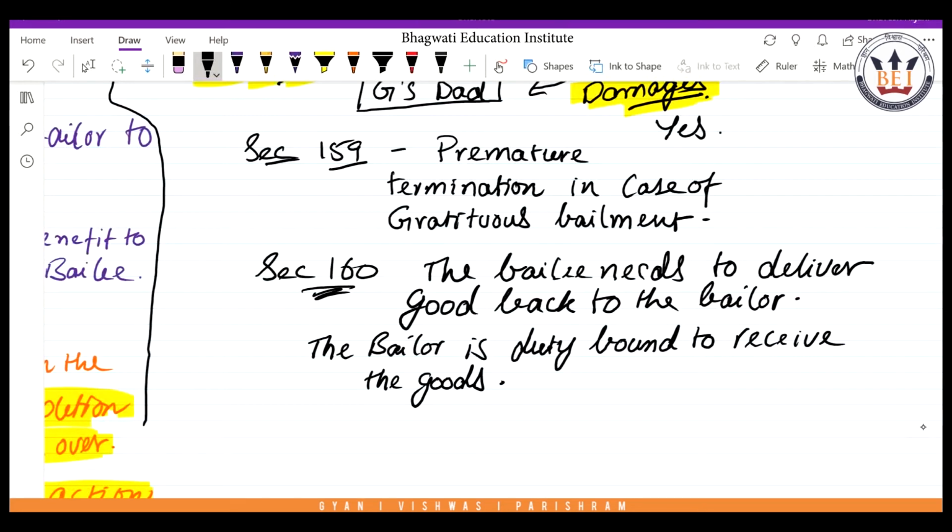So if the bailor says no, I'll not receive the goods, and if the delay occurs due to the fault of the bailor, and later on the goods get destroyed, over here is the bailee liable? The answer is an absolute no, because this happened due to the bailor's fault. So the bailor is duty bound to receive the goods when the bailee makes an offer to give the goods back. इसको थोड़ा detail में समझना पड़ेगा from the bailor's perspective, right?